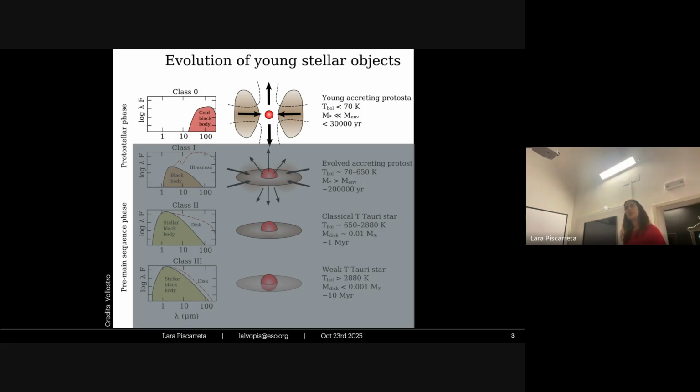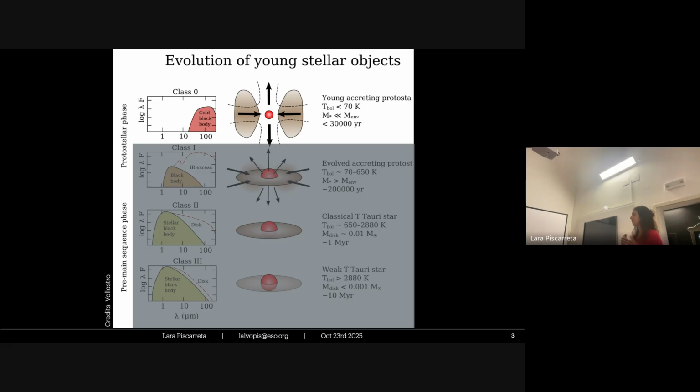So here I will be talking about the evolution of young stellar objects, and there are mainly two different phases. So we have the protostellar phase and we have the pre-main sequence phase. And if we have a look into the first stage of the protostellar phase, we have what we call the class 0. And here are the young accreting protostars.